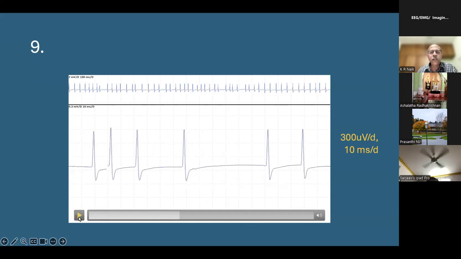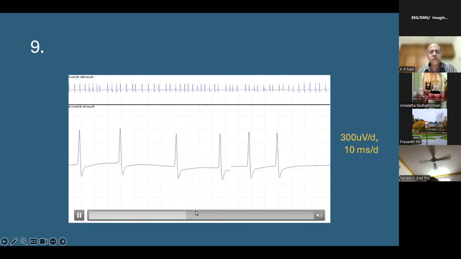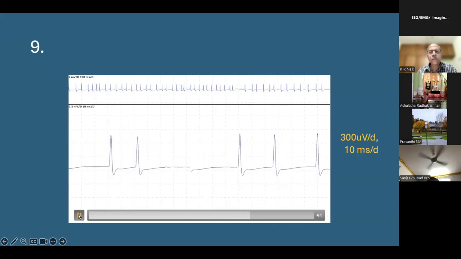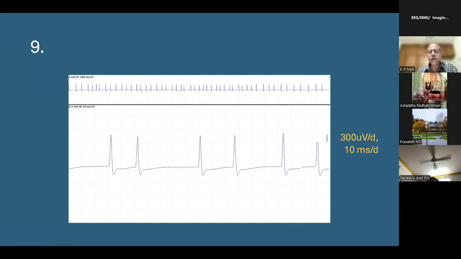I have frozen the screen for your benefit. This is 200 milliseconds from end to end. So is this normal firing or normal activity, or abnormal activity?